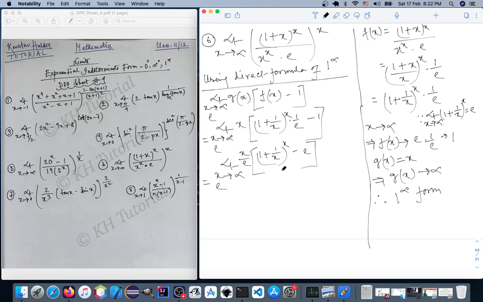We can use the expansion of (1 plus 1 by x) to the power x. Okay, so the (1 plus 1 by x) to the power x can be rewritten like this.